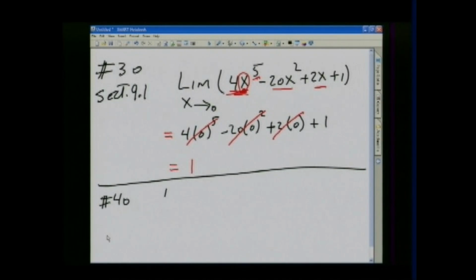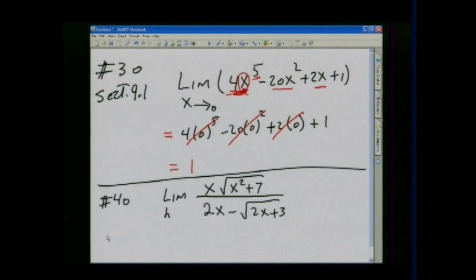It says find the limit of x times square root of x squared plus 7, divided by 2x minus square root of 2x plus 3. This as x approaches 3.